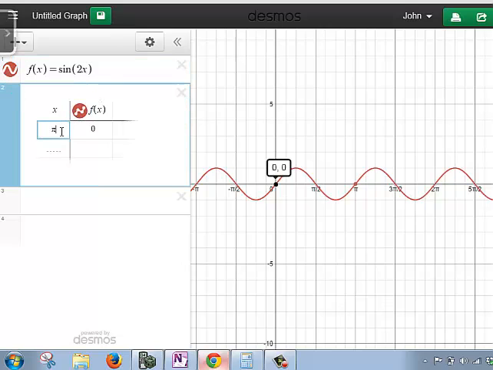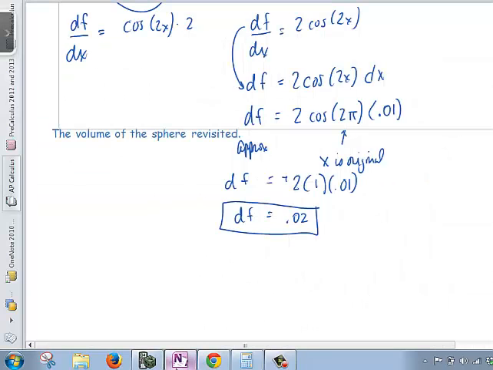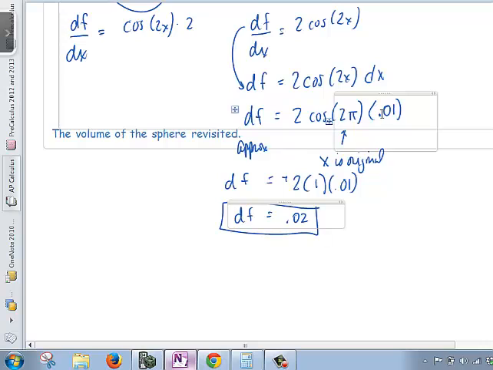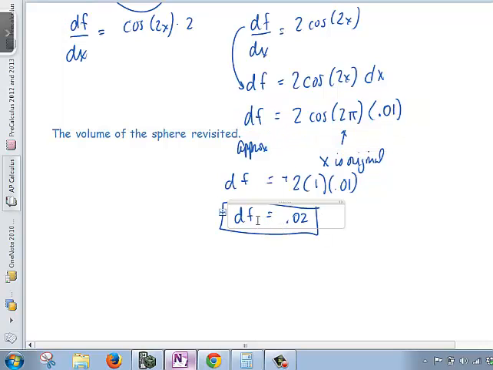And you can see that at x equals pi, the sine value is 0. So, as we said before, when we work with our differential calculation, if the x value changes by 0.01 radians, the function value should change by 0.02 units.